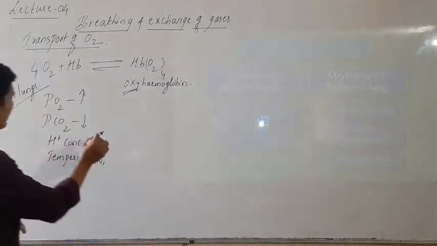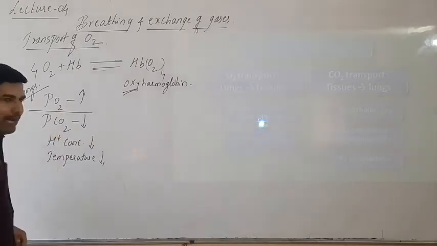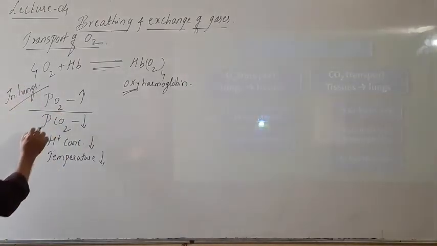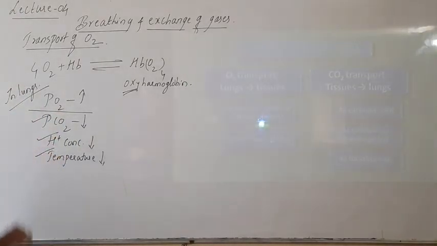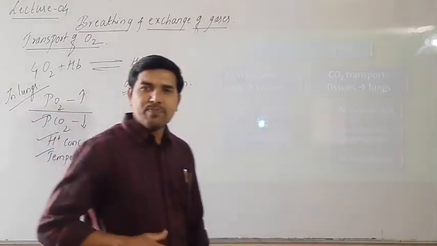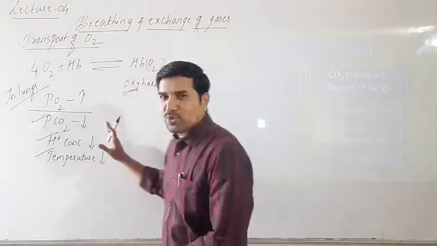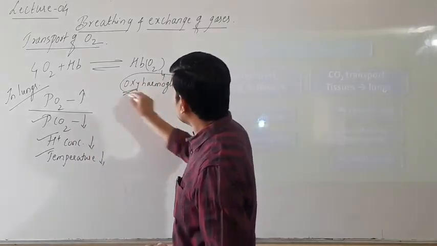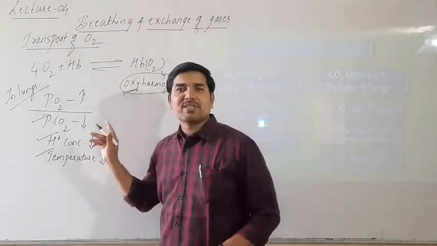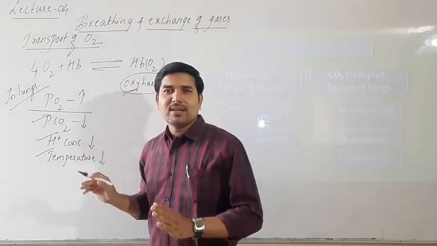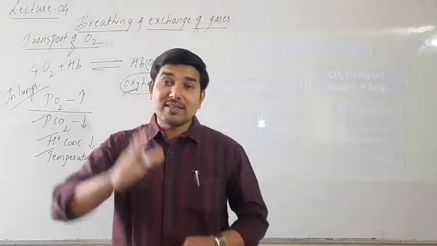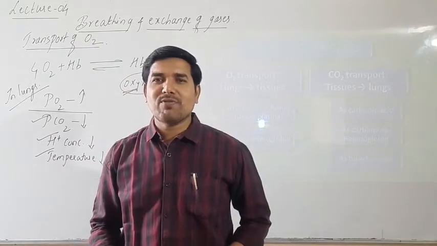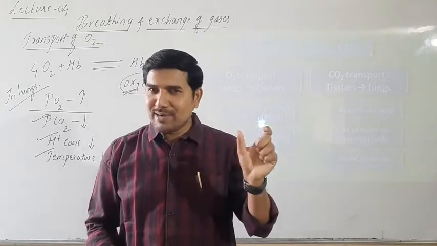Look at this: PO2 level should be high, and the rest, their level should be low. Only then does it help in association of oxygen with hemoglobin to form oxyhemoglobin. So this process occurs in the lungs.